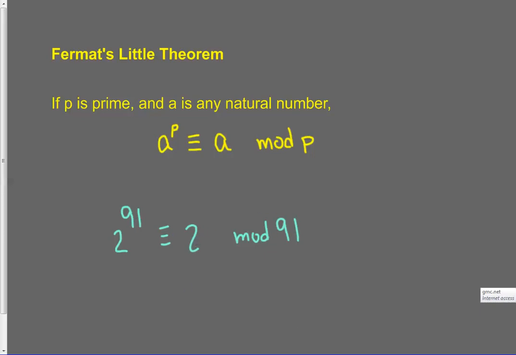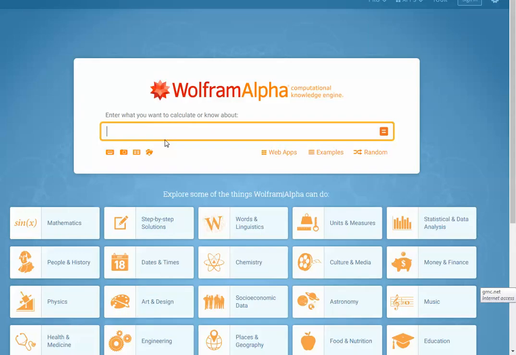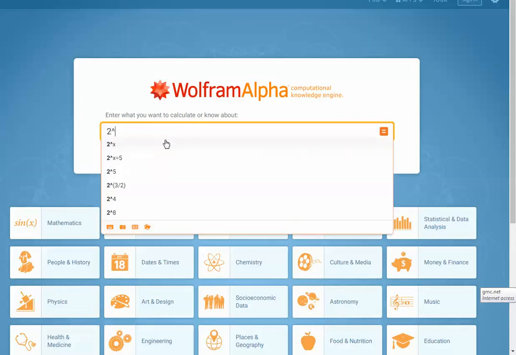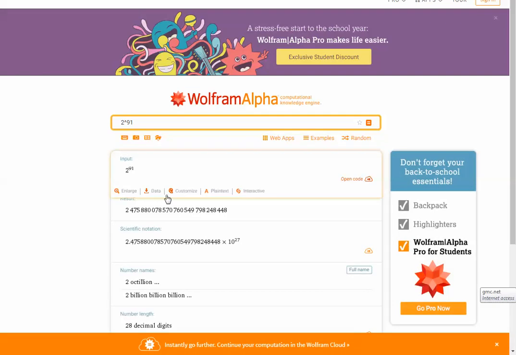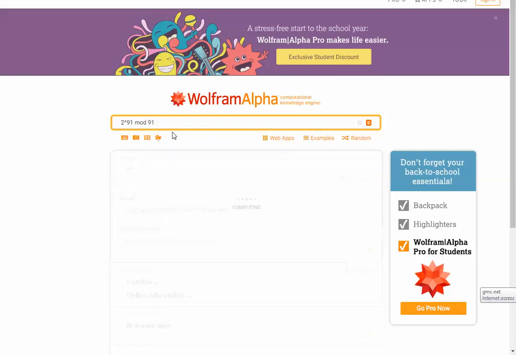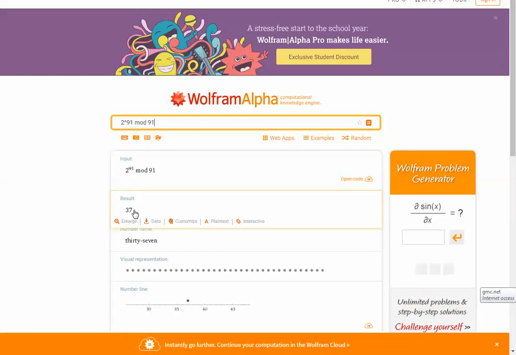Okay, so let me switch to Wolfram Alpha so we can do a computation this big. So here's 2 to the 91. And so it's this very large number right here, 28 digits. And let's mod it by 91. So we'll divide by 91 and take the remainder, and we get 37.